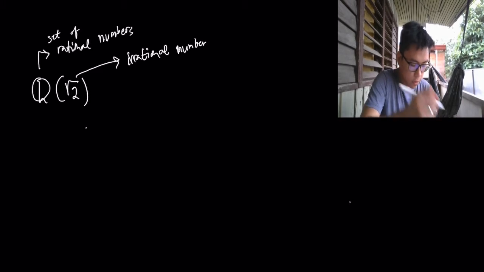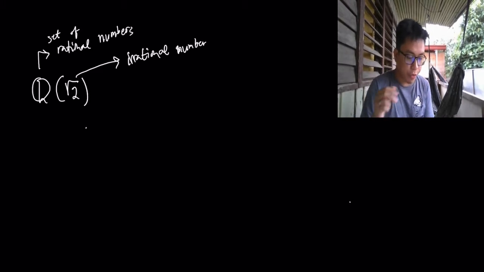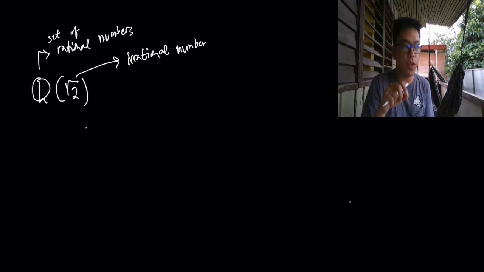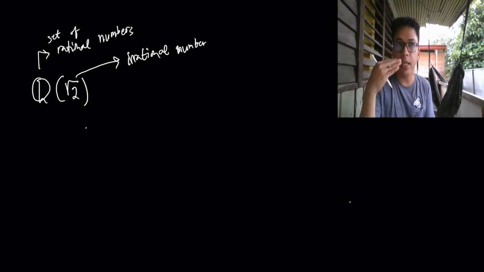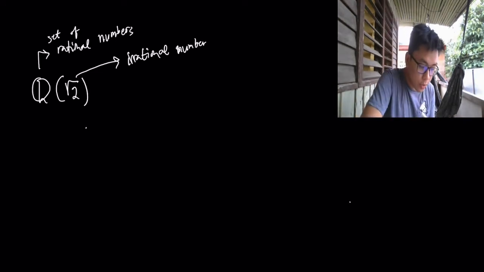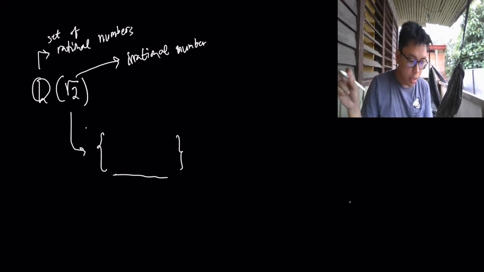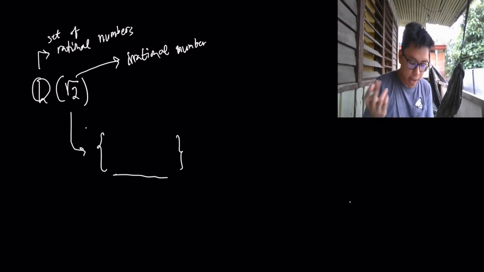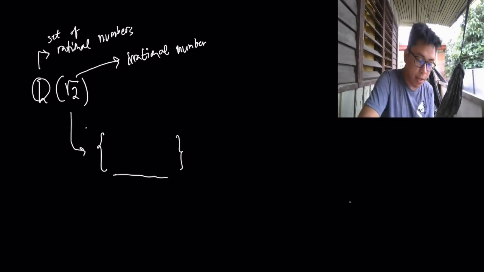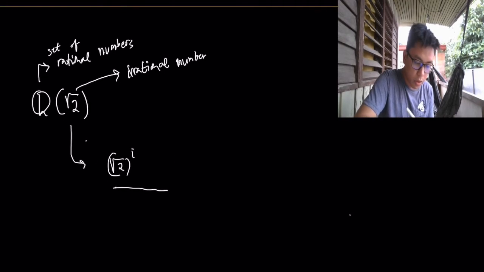Now, in order for us to see what the elements inside the set Q of square root of 2 look like, we need to make sure first what the basis looks like. The elements of the basis are of the form square root of 2 to the i, where i is from 0 up until where it needs to stop.